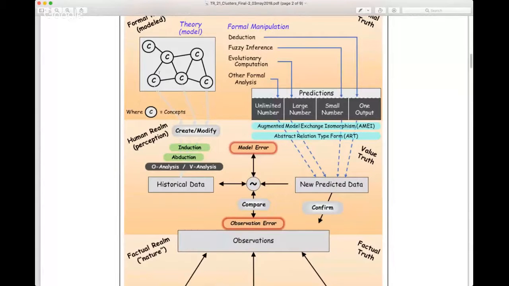Or we can decide, well, we're going to spend resources and we're going to develop a better model. But in all those cases, it gives you a very clean way to make a value decision. Again, we're here in the value truth area.